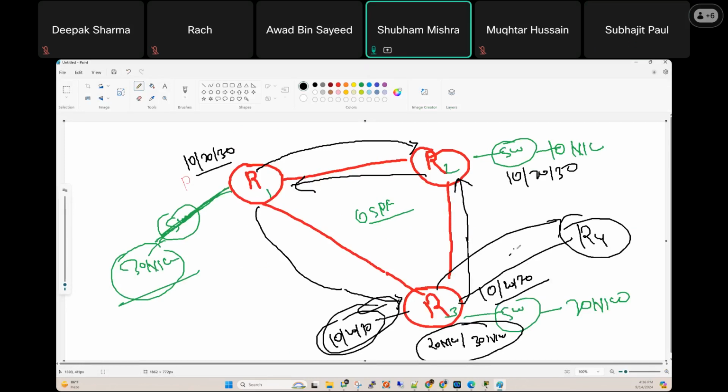But make sure you are running the same routing protocol here. If I use a different protocol, then routing will not work. Say OSPF, EIGRP or RIP. But let's suppose here you are using OSPF and here you are using EIGRP or RIP. So this will be a different scenario.